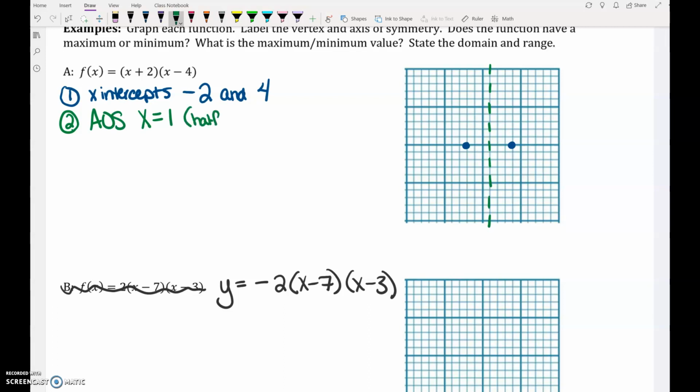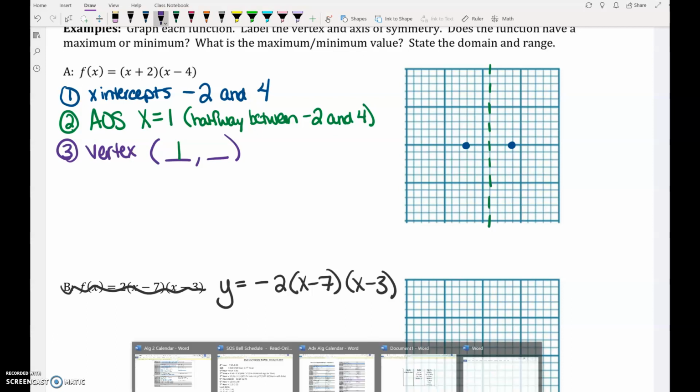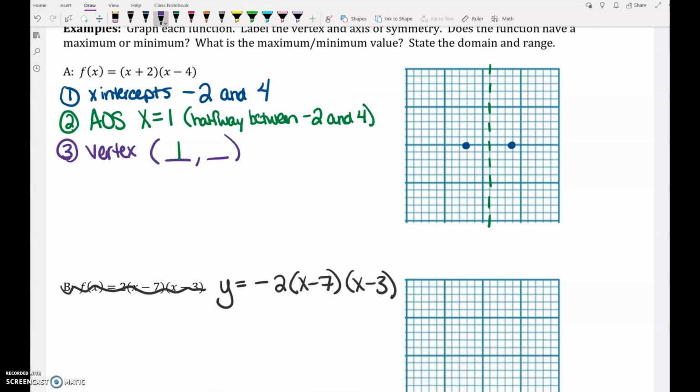So our axis of symmetry is x = 1. That is exactly halfway between -2 and 4. If we know the axis of symmetry, we know the first part of the vertex. I suppose I should write vertex. So we know that our vertex has an x value of 1. What do you suppose we need to do with that x value to find the y value of the vertex? Plug it in. So grab a calculator of some sort.